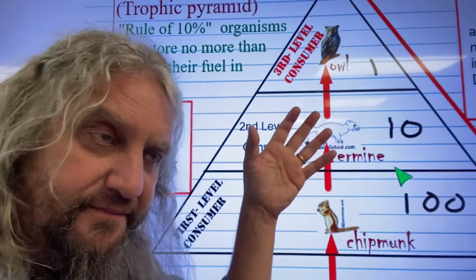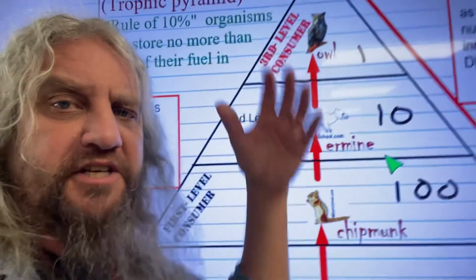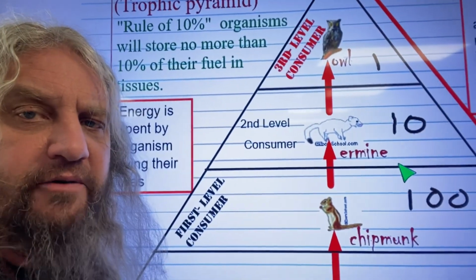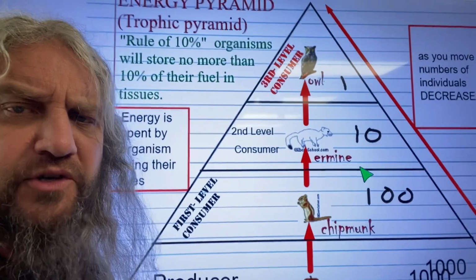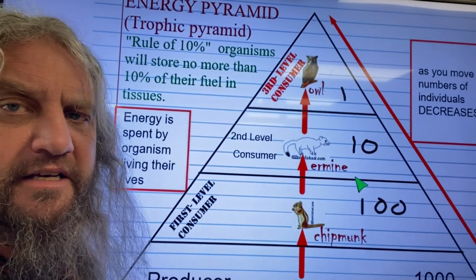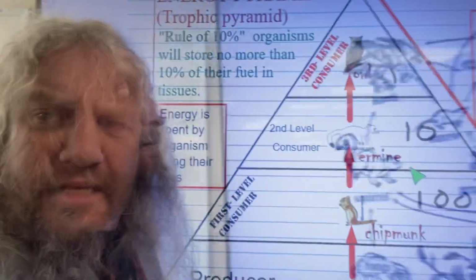Now, granted, not all environments have just one food chain. So this owl might be part of many overlapping food chains. In fact, it would have to be. It's the only way it could survive, because it couldn't survive in a food chain of just 50 chipmunks. See?